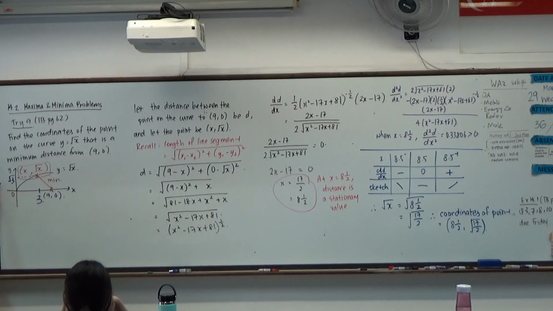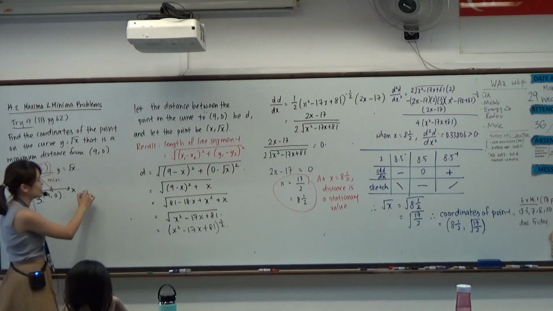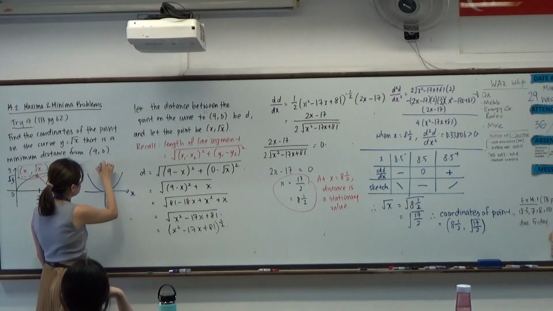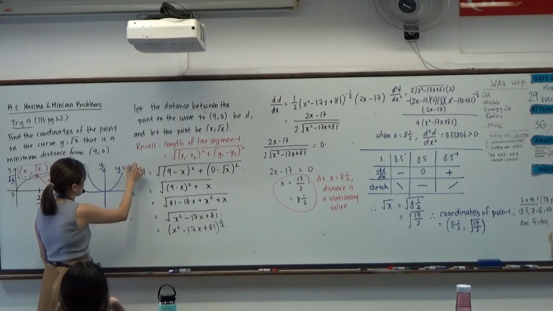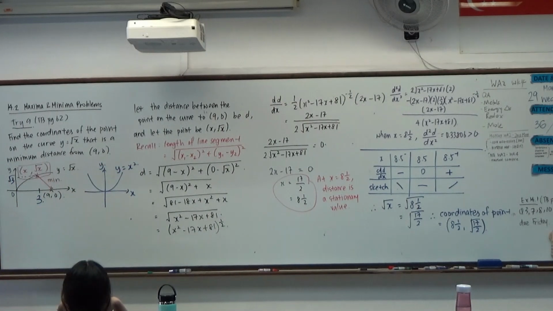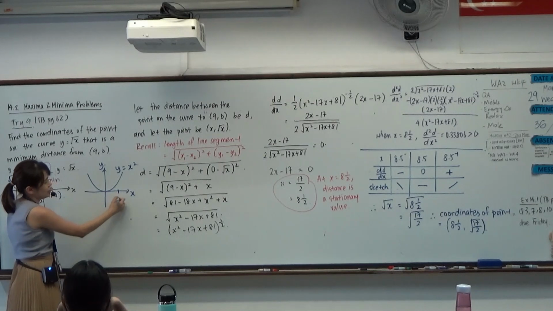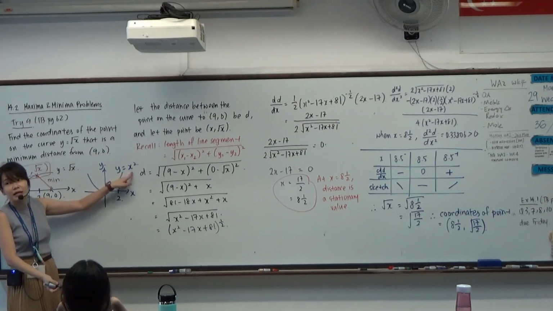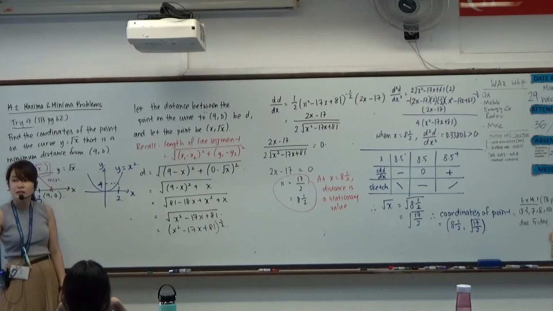So x and square root x. It's not just about y equals square root x. I give you any function, it works the same way. Say y equals x squared. If I give you an x coordinate, let's say it's 2, what does it plot towards? It will become 2 squared, so down here must be 4, right?